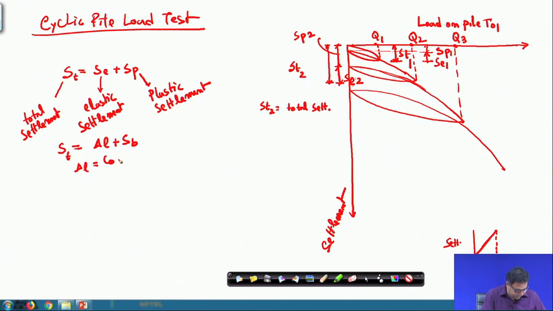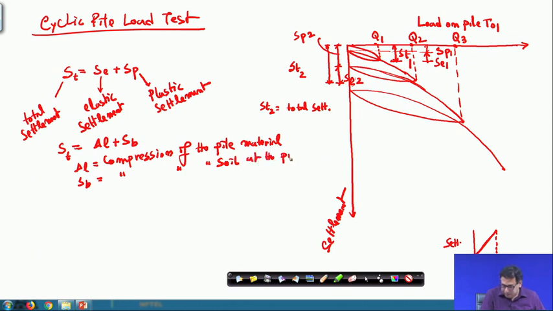Okay, so, that I have written ST is del L plus SB, where del L is the compression of the pile, the compression of the pile material, and SB is the compression of the soil at the pile base.